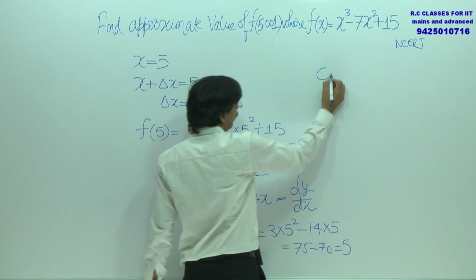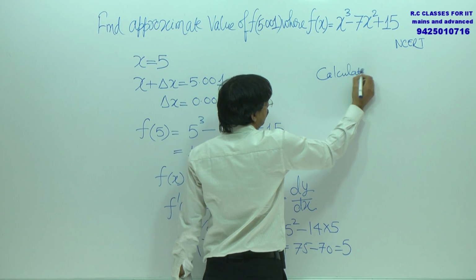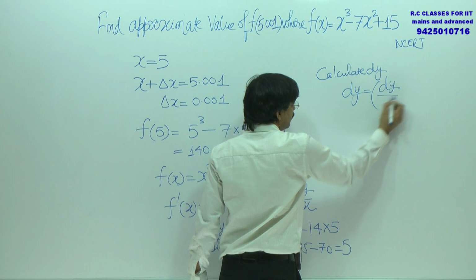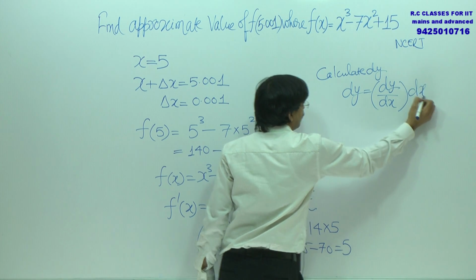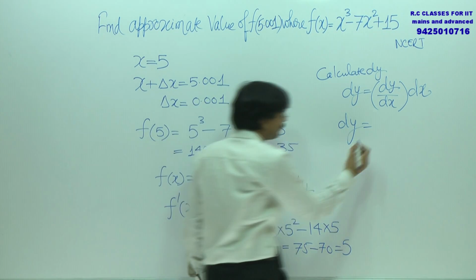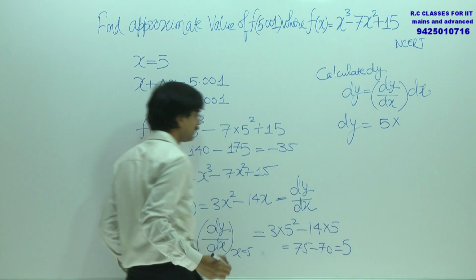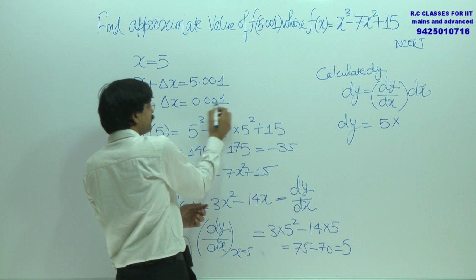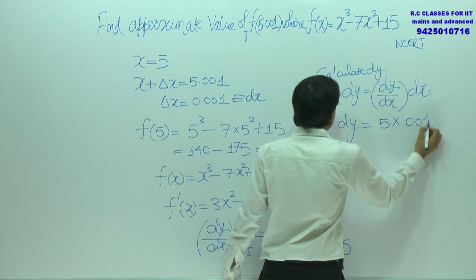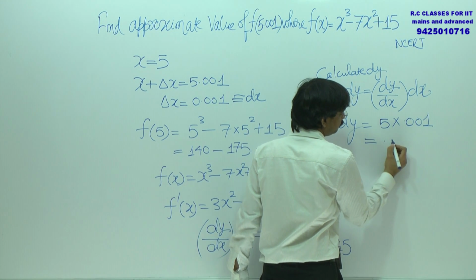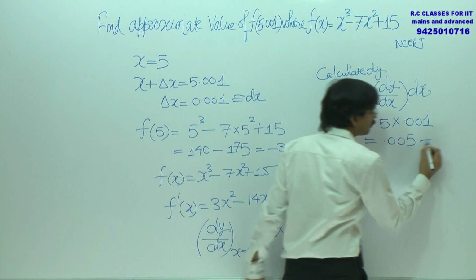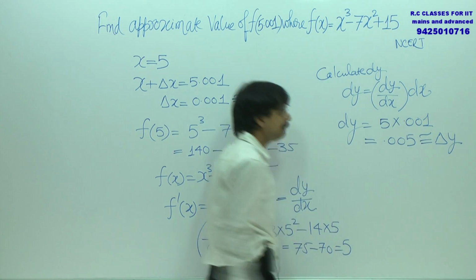Now, to calculate dy, we'll be using the relation dy is equal to dy by dx into dx. That dy is equal to, where dy by dx at x equals 5 is 5, into that dx. What is that dx? That dx, delta x, is 0.001, which is equivalent to dx. So dy is 5 into 0.001, that is 0.005, and that is clearly equivalent to delta y.